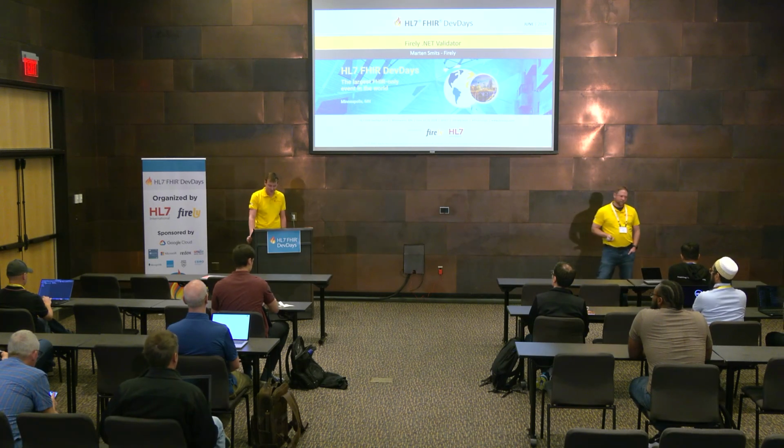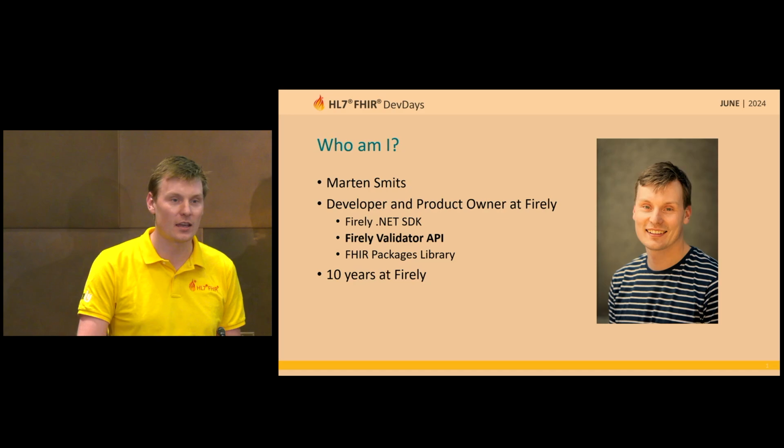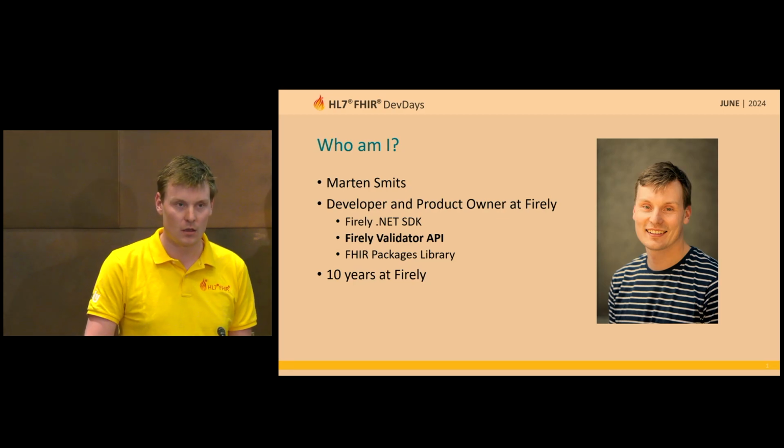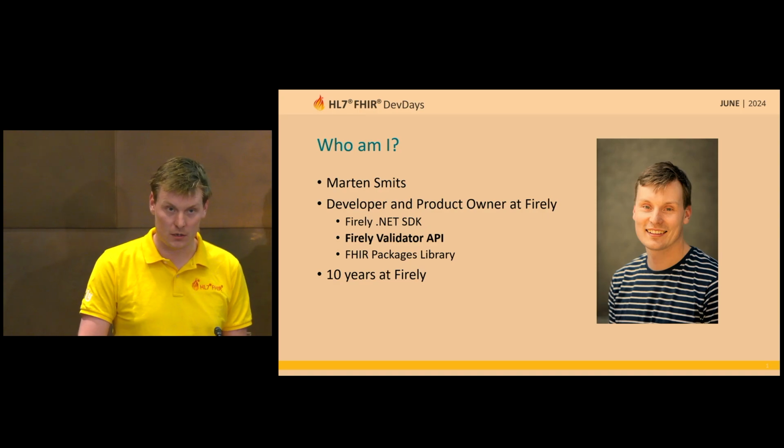Thank you. All right. Well, today we're going to talk about the FHIR Validator. First, I'm going to introduce myself a little bit. As Matt said, I'm a developer and product owner on the side, I guess, a little bit for FHIR. I'm responsible for the FHIR.Net SDK, which is our open source library, doing everything you need for FHIR in .NET.